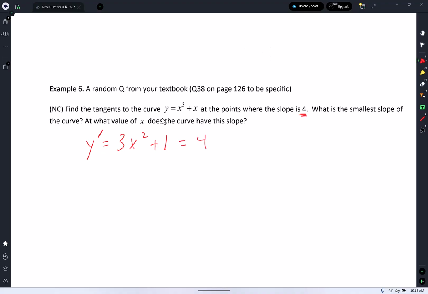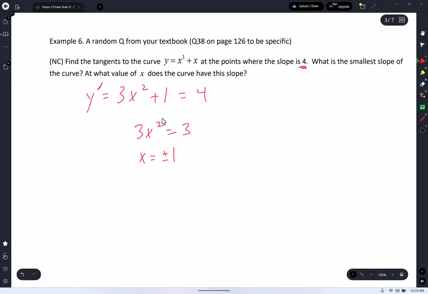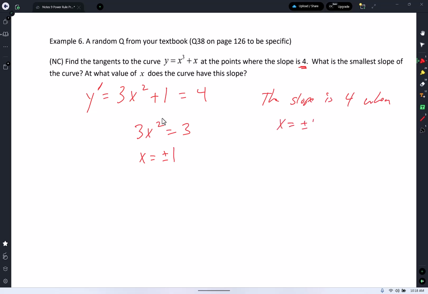So I'm going to set that equal to 4. 3x squared equals 3. Since I have x squared, that means x could equal plus or minus 1. Yay or nay? Okay. All right. So I'm going to write a statement real quick. The slope is 4 when x equals plus or minus 1.